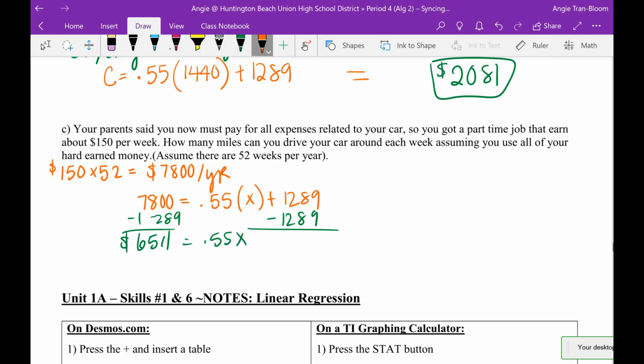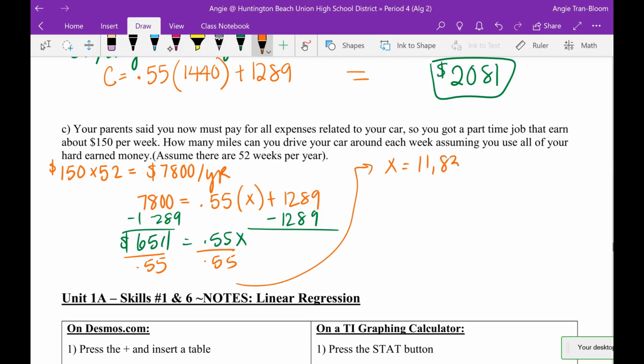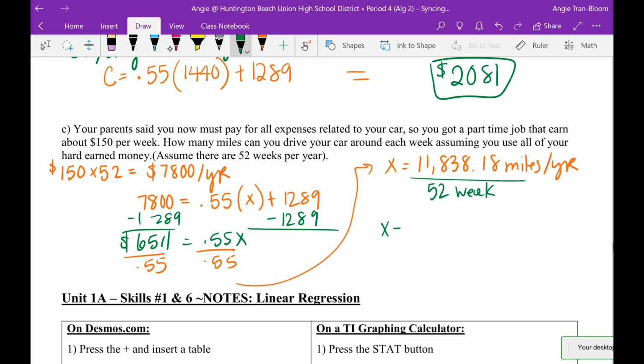Divide both sides by 0.55. This is x per year, by the way, just so you are aware. 11,838 point what, Matt? 18. That's per year. This is miles per year. Now divide that whole thing by 52 weeks. So on average, how many miles can you drive around if you blow all your money on just driving around?